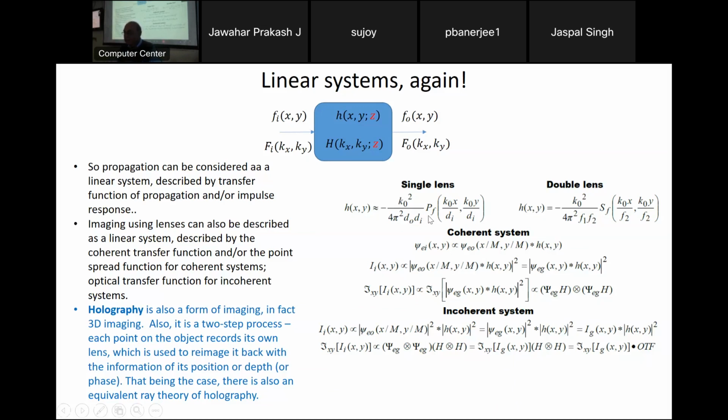See, this capital P sub f is really the Fourier transform of the pupil function. I have not written it in detail here just because it was kind of a side thing. Small p sub f is like the pupil function. So if a lens has a circular pupil function, the small p sub f is like a circle function. And the Fourier transform of that circle function is what is capital P sub f.